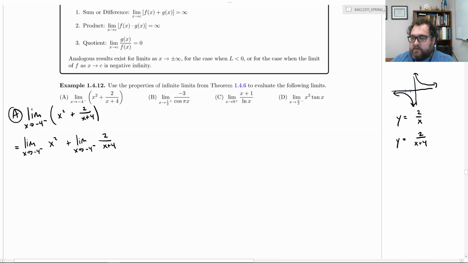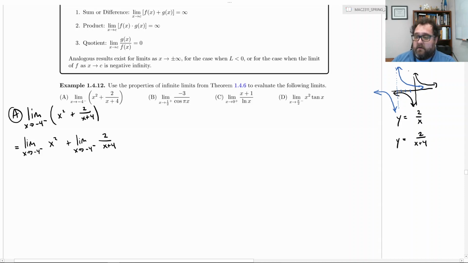So 1, 2, 3, 4. And so there's a vertical asymptote at -4. But then you basically draw the same picture. And now the answer should be evident.